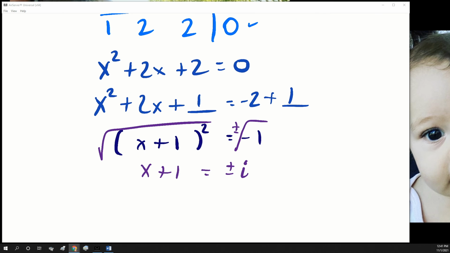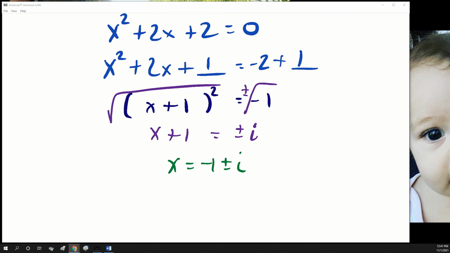I. All right. So we get a couple more zeros. So we get -1 plus I, -1 minus I, and then the one we got from guessing, which is 2.